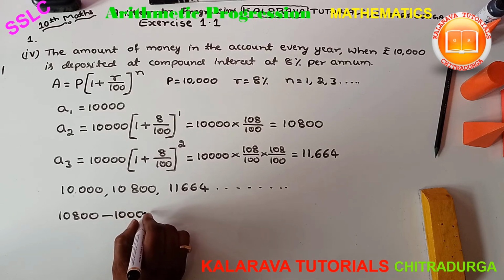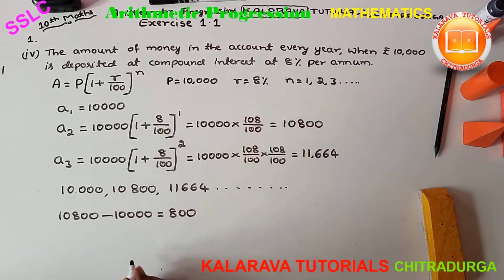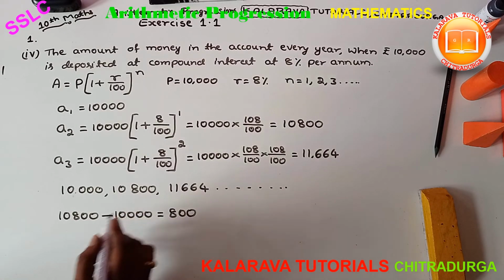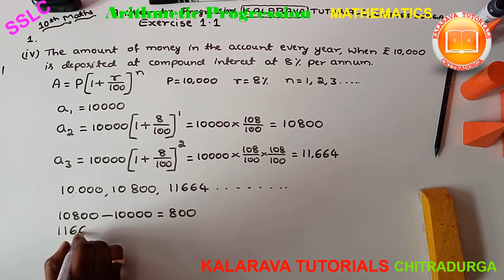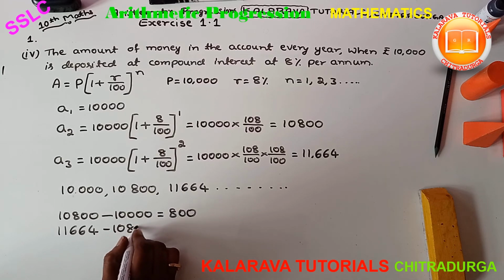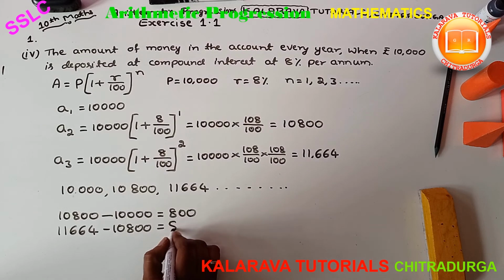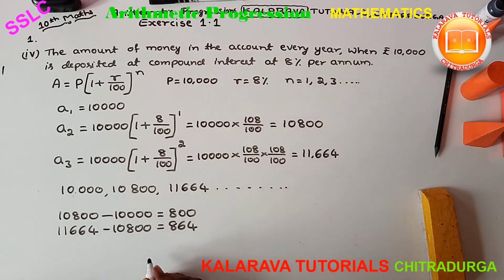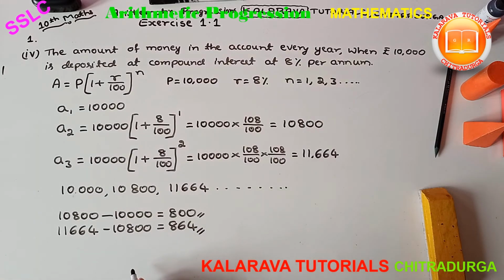Subtracting the first term from the second term, you get the difference of rupees 800. Then the difference of the third term and the second term, 11,664 minus 10,800, gives 864. Here you observe the differences are not constant.